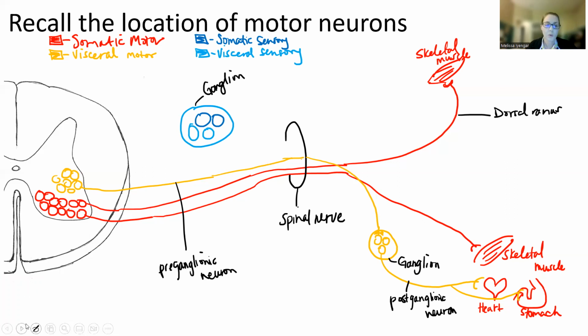Just like that. We're just going to go in an opposite direction, okay? So for somatic sensory, I'm going to draw this little swirly thing here. This is a type of receptor that you would find in the skin. So this is called a lamellar corpuscle. It's a deep pressure receptor. So you could just say receptor if you want to.